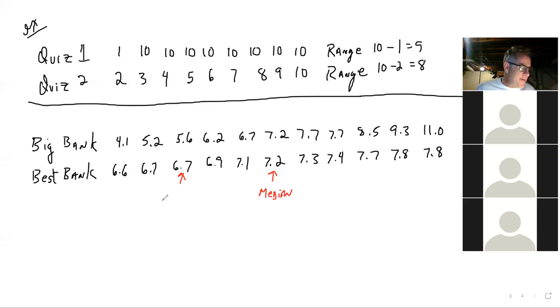And that median of the lower 5, I'm going to call the lower quartile. Then I'm going to do the same thing for the upper 5, which would be right here. It's the median of these 5, and I'm going to call that the upper quartile.